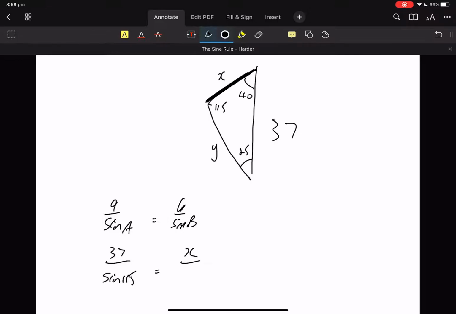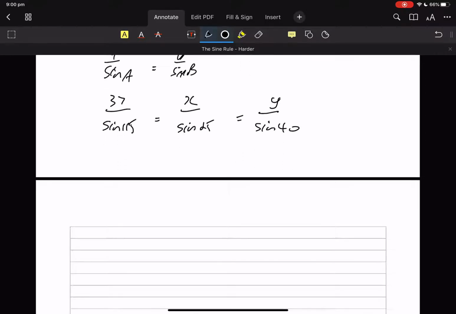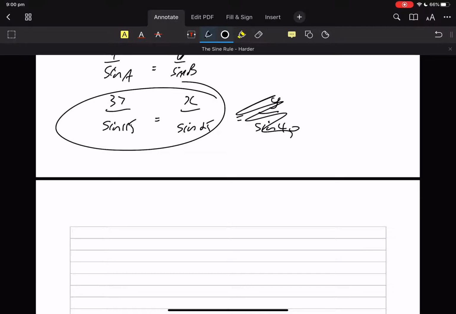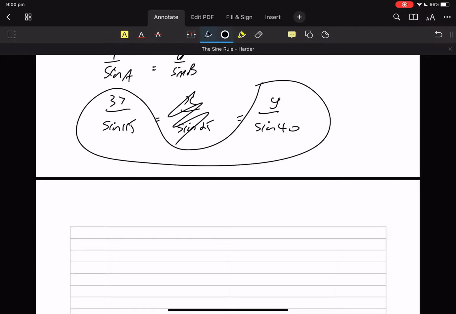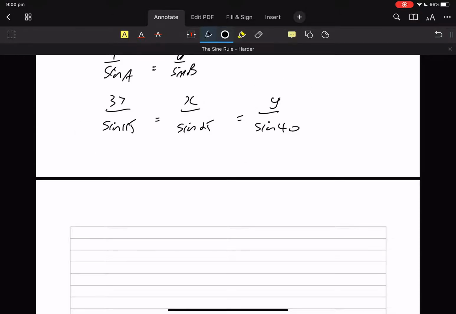equals X on. So we're just going to solve them separately, looking at that one, getting an answer, and then looking at those ones and getting an answer. So X will be calculator.